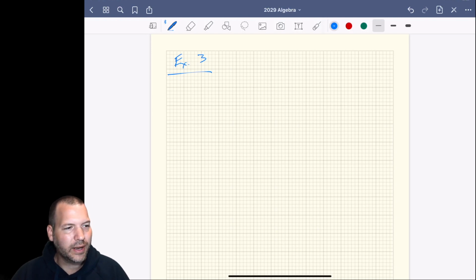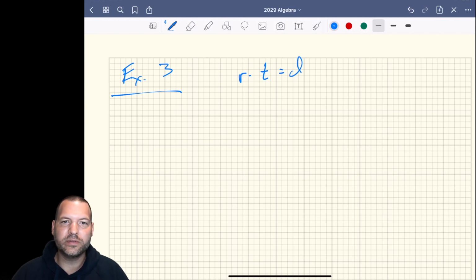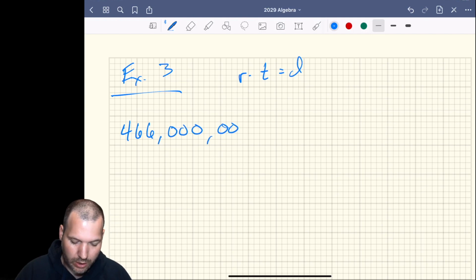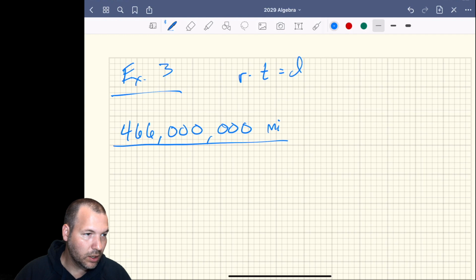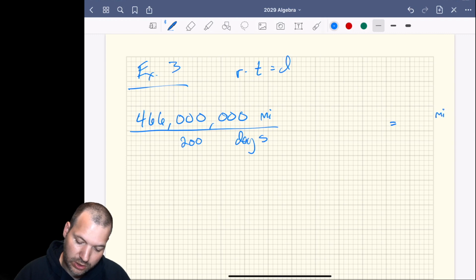So I actually don't like the way they approached this. Of course, it is true that you could use rate times time equals distance and plug in, but the whole point of dimensional analysis is that we shouldn't have to think about that stuff. So we're given 466 million miles in 200 days, but what we want to do is convert this into a speed in miles per hour.